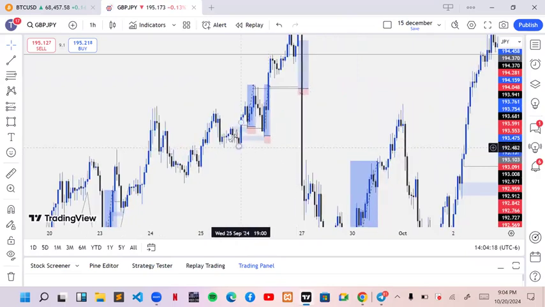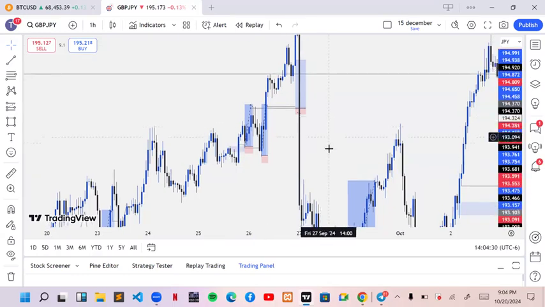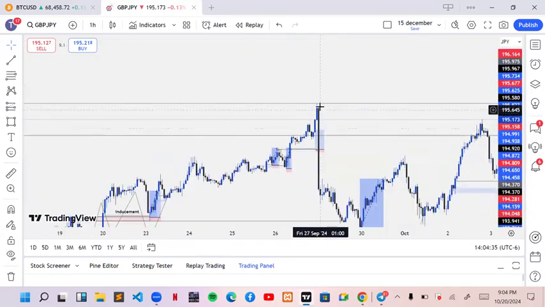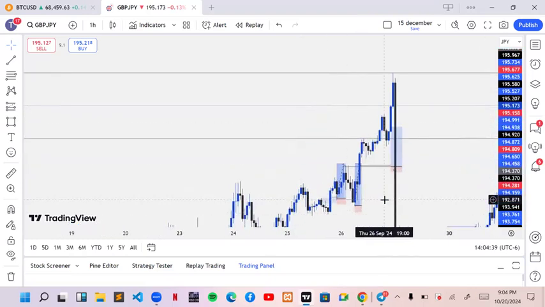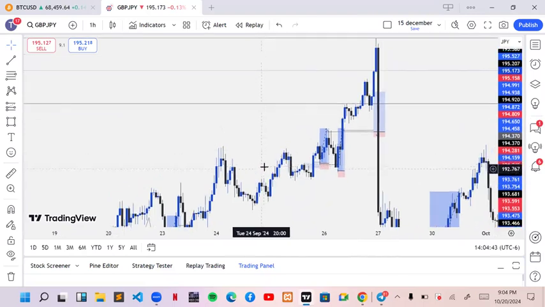So, I think this is a trade. I took this trade. With GJ, overall target of GJ, there was liquidity here for market to tap, liquidity here. So I took this GJ buy right here, from this breaker block, and market pushed up here, and the market started reversing.